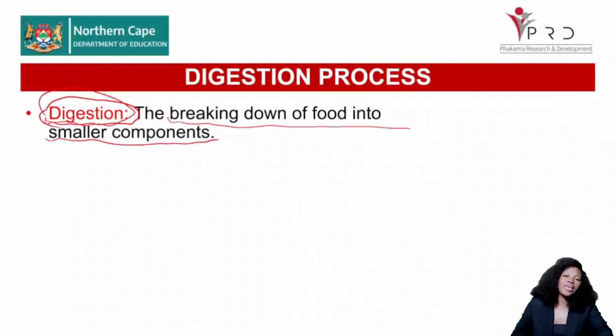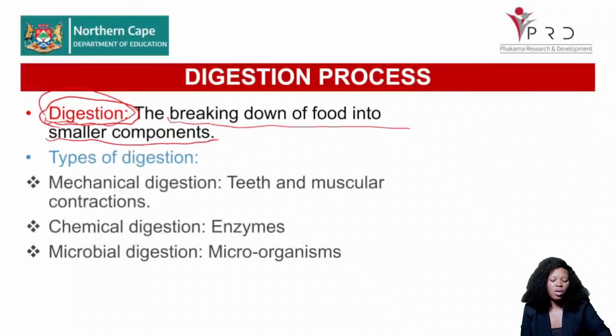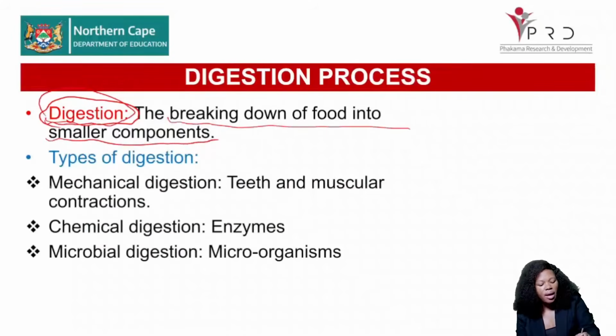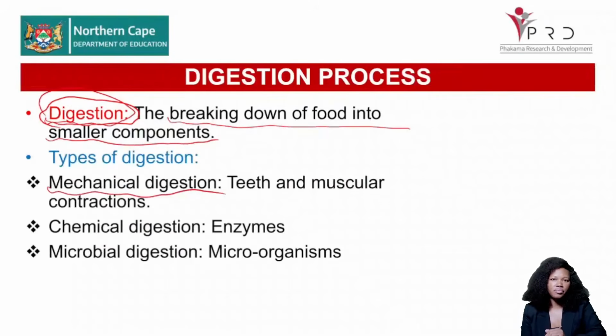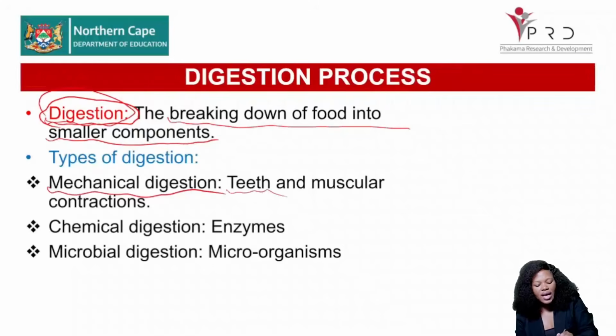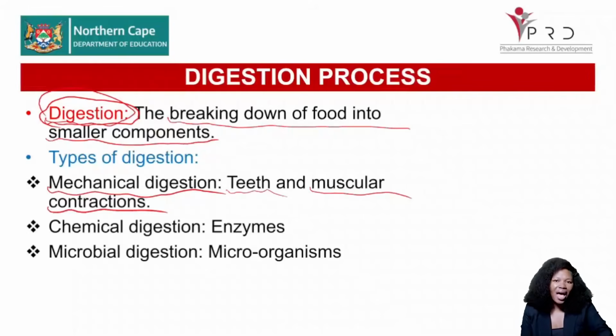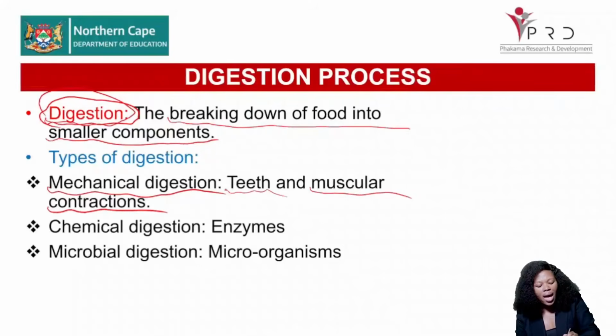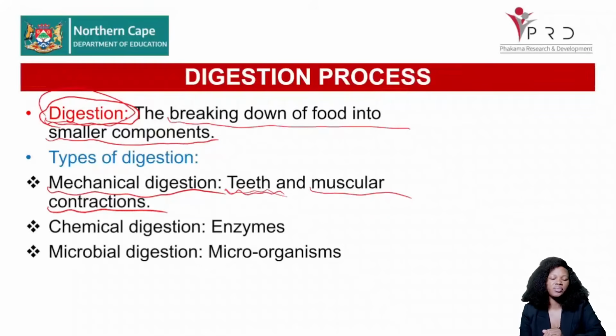Now, there are different types of digestion. Firstly, we have mechanical digestion, the physical digestion, which involves teeth as well as muscular contractions. Now, where in the digestive system there are teeth, you will know that mechanical digestion takes place.